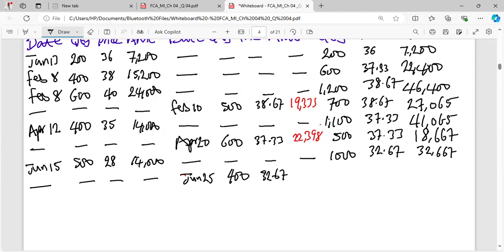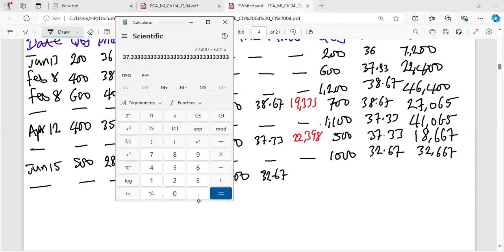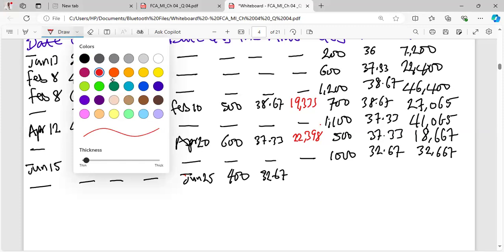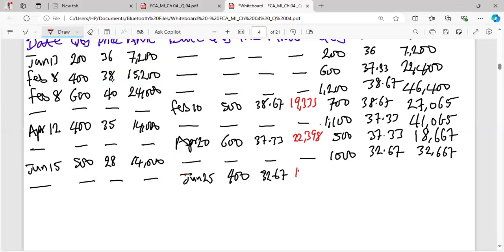So let's calculate. 32.67 multiplied by 400 will give us 13,068.